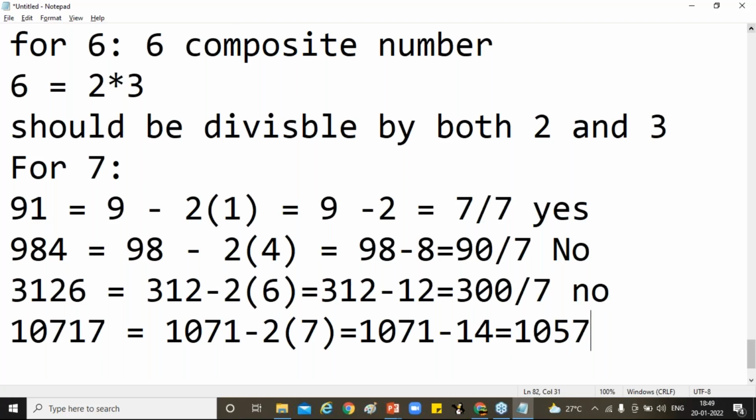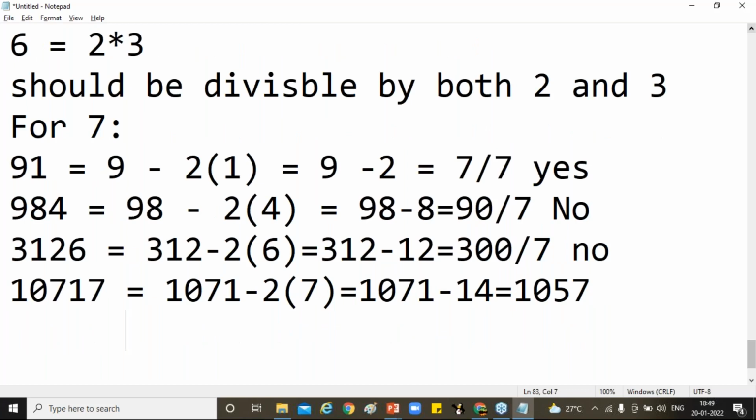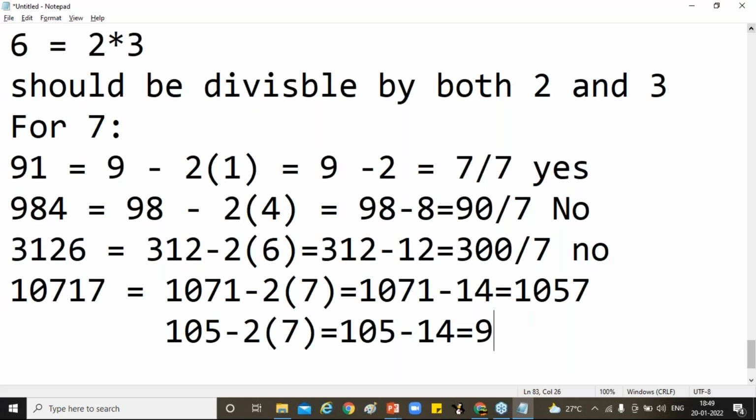If you feel that 1057 is the larger number, then you can implement the same logic for this number also. 105 minus 2 into 7 is equal to 105 minus 14, nothing but 91. 91 is exactly divisible by 7. Then 10717 is also exactly divisible by 7.